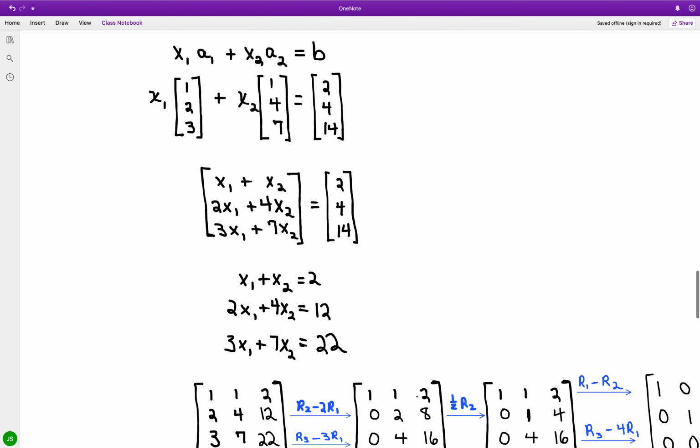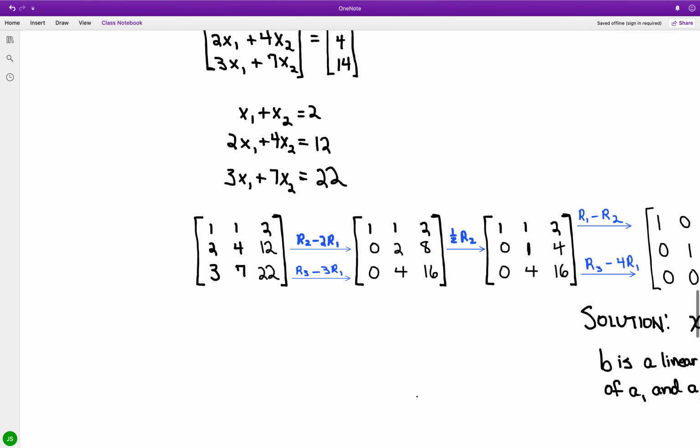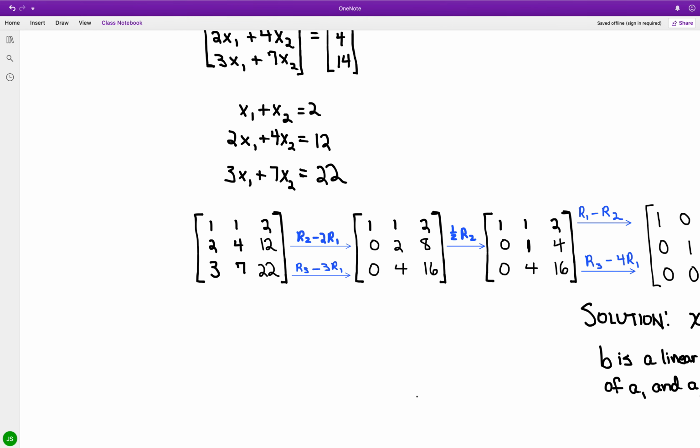And if we set this up, we can transition over to reduced row echelon form. So I have in matrix form 1, 1, 2, 2, 4, 12, 3, 7, 22. And again, the leading entry from the top row, I have 1.